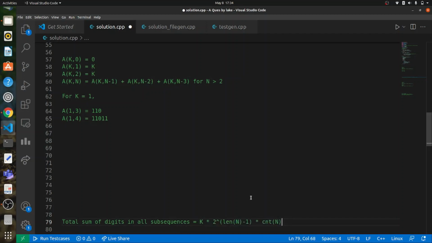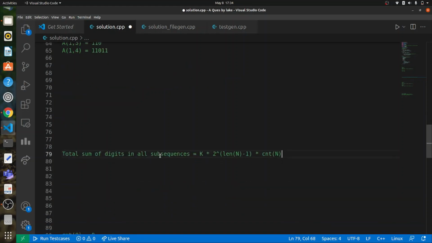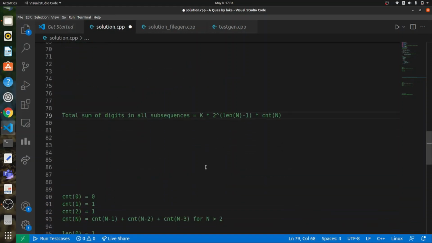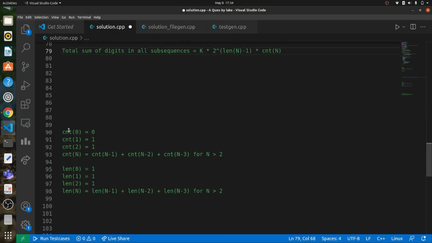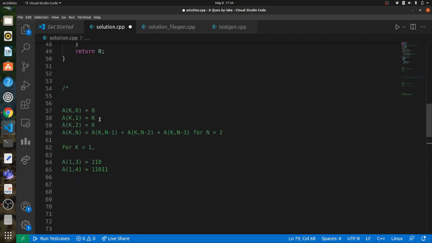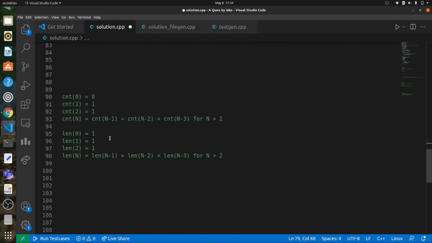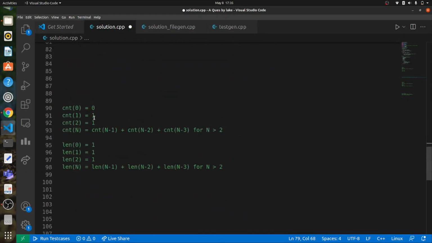Now if you observe, using the given recurrence, count n and length n also follow a similar recurrence. Count 0 is 0 because there is initially no k, and for n equal to 1 and 2 they are 1, and for further values of n they follow the same recurrence, and similarly for length n.